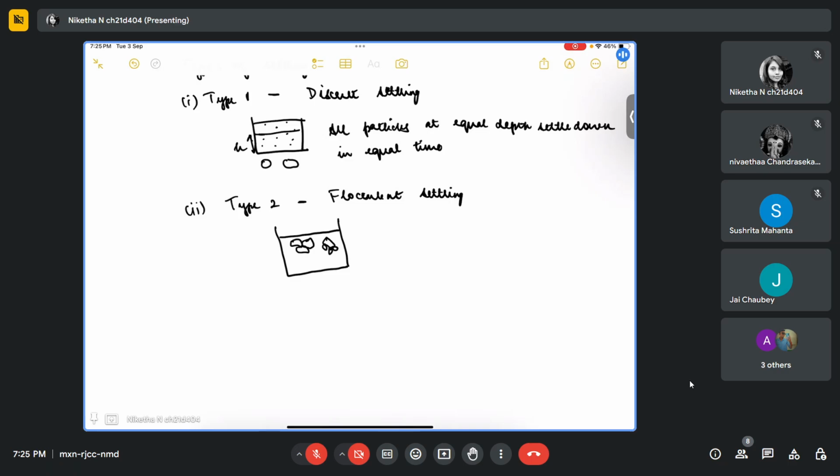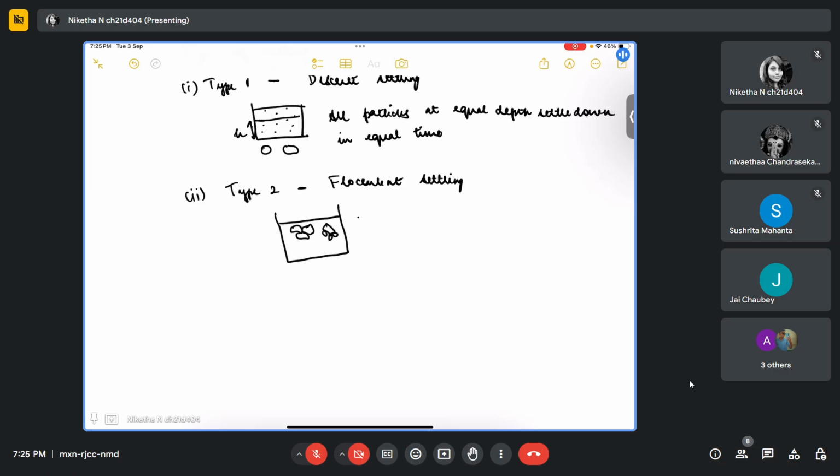So can you tell me what happens to the velocity of the particle in discrete settling and flocculent settling, and which will take less time? Type 2. Yeah. Why is that? Particles become heavier. Yeah.